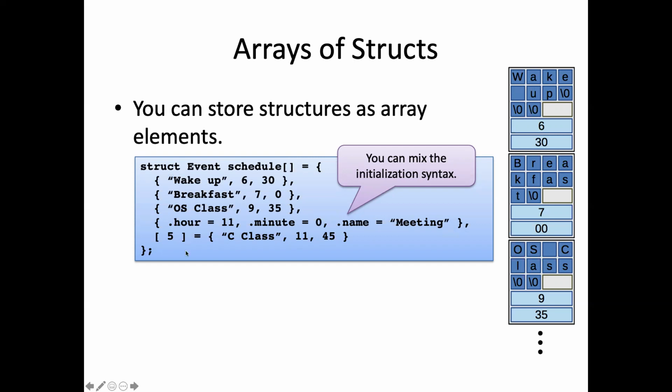Here I'm filling in all of its elements. Element 0 is wake up at 6:30. Element 1 is breakfast. Element 2 is OS class. I'm not teaching OS this semester, but normally I do. This is element 2, and this is element 3. Using array initialization, I'm just showing off. I skipped element 4, but you can do that since it's an array.